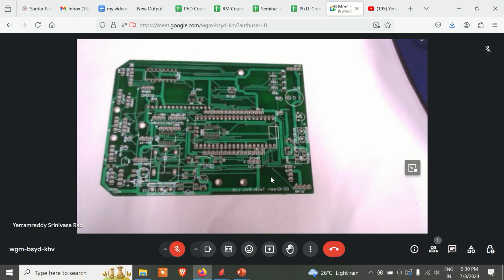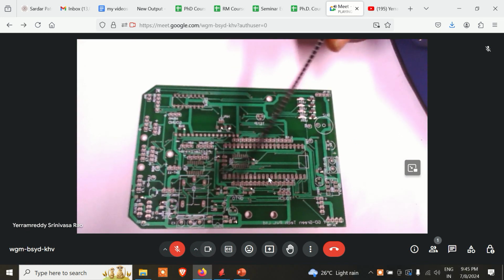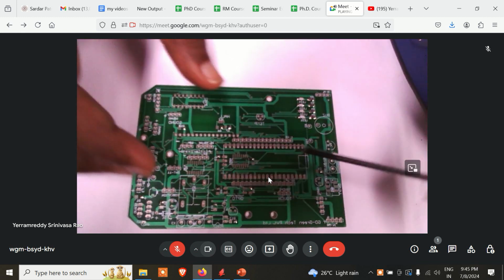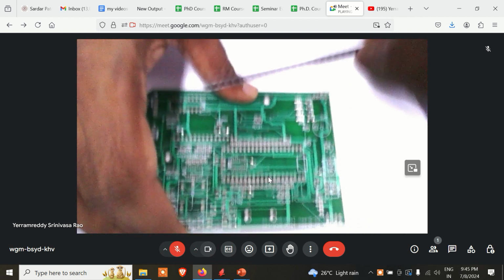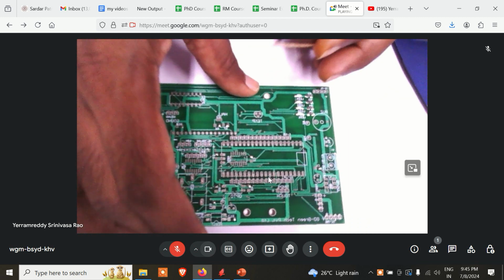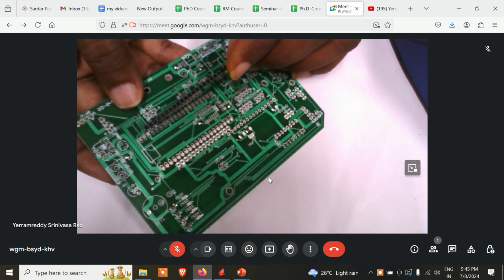So let's cut this Burg strip, 40 by 1, to the exact size of the microcontroller, which is 15 pins on one side and 15 pins on the other side.